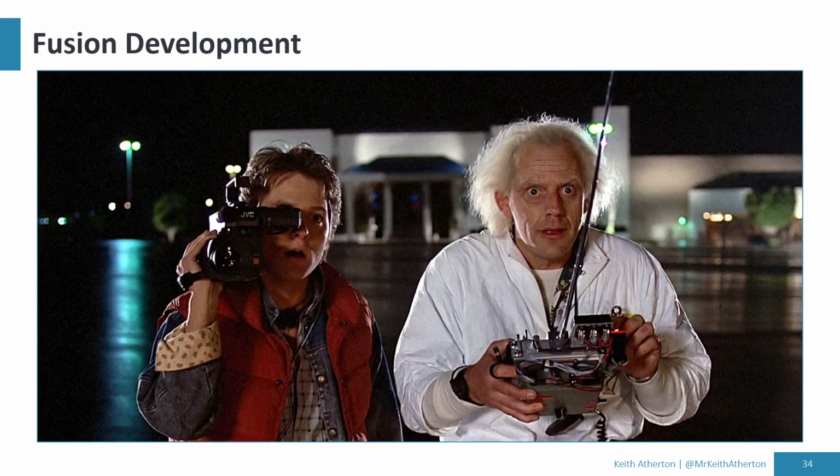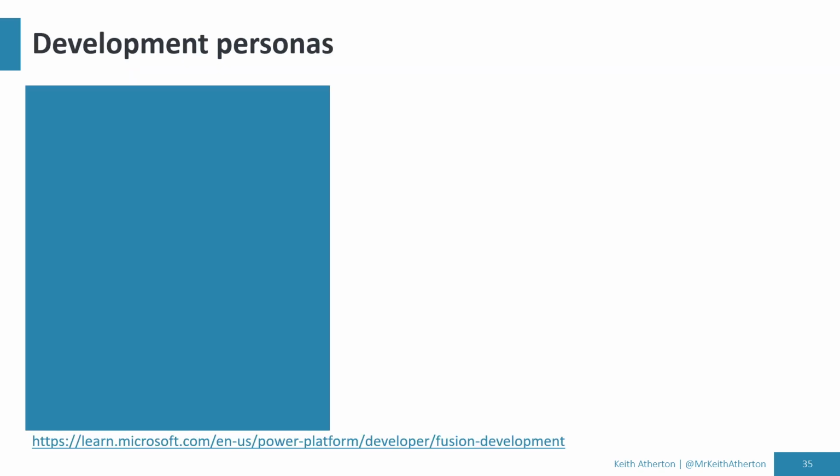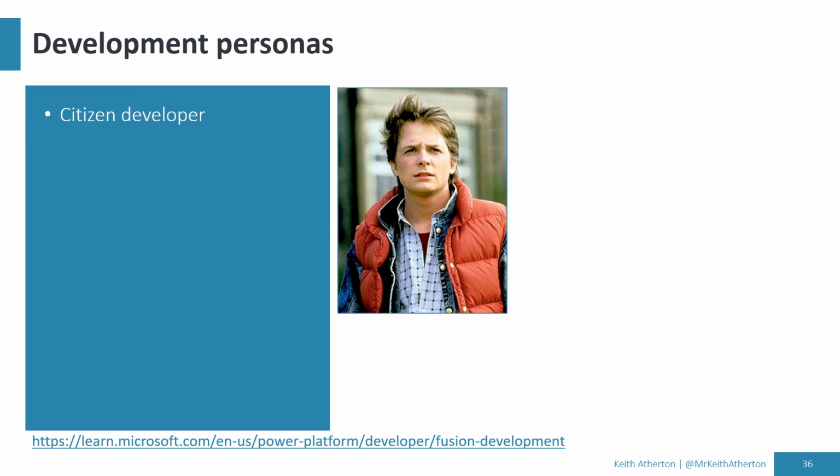Okay, so next up we're going to look at Fusion development, and this is where we can work, as it sounds, with others. So what we're going to do is look at some development personas, people who might work on a project, not just Power Platform, but just on any kind of development project. So let's look at a citizen developer, in this case someone who is not, say, a professional developer, but they want to build an app based on their domain knowledge.